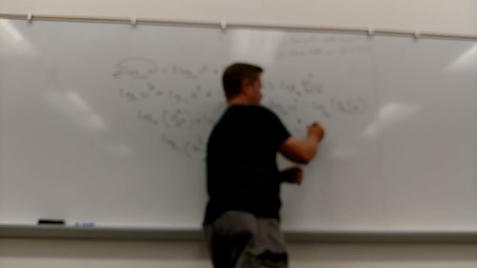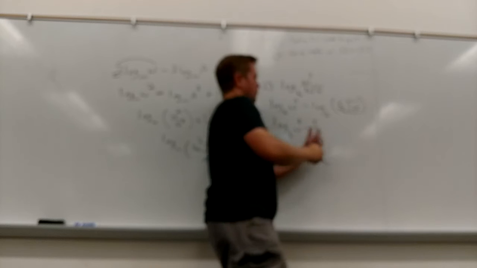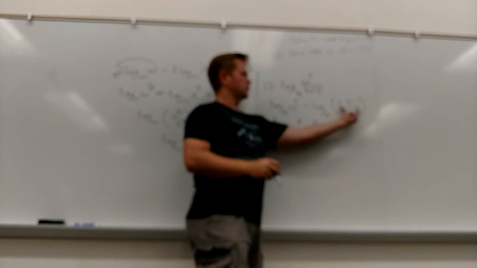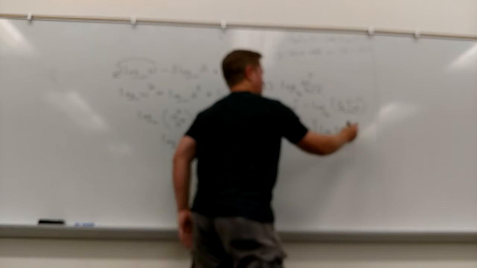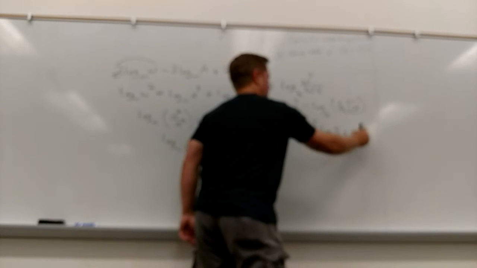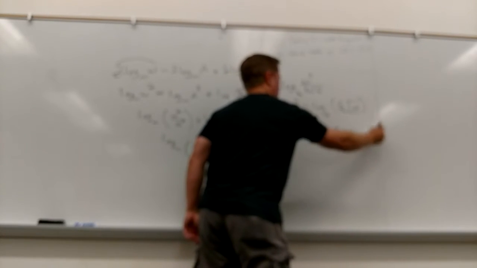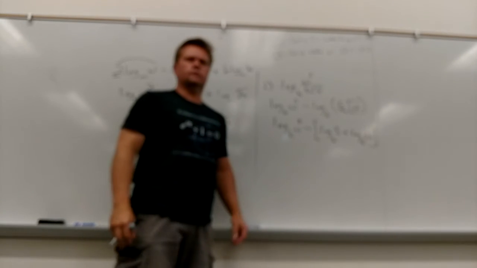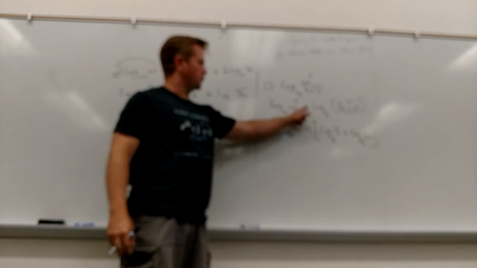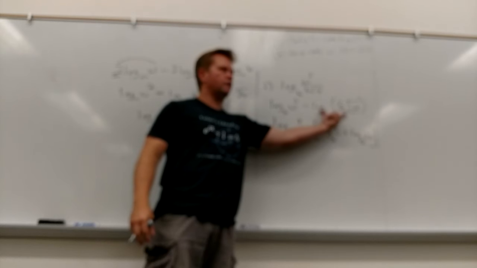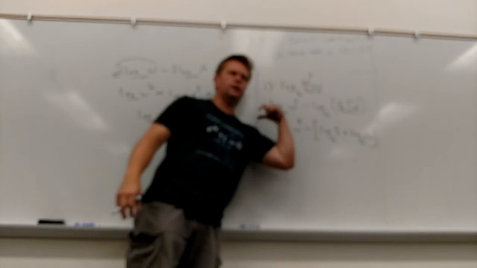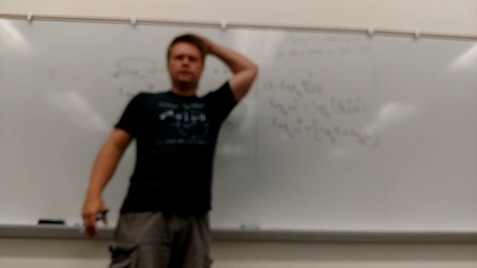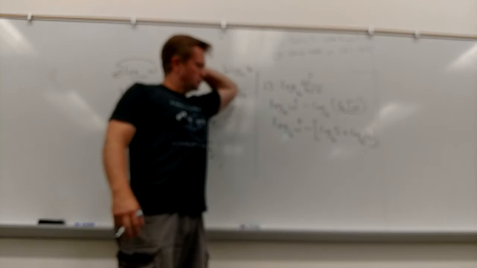So let me say this, minus, now how do I rewrite log base b of this product? Yep, log base b of 5, plus. The most common mistake is people forget that minus has to apply to everything I get from this. That minus has to apply to everything I get from that. Not just pieces of it. It doesn't make any sense.